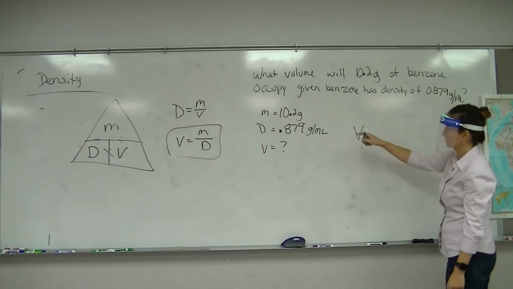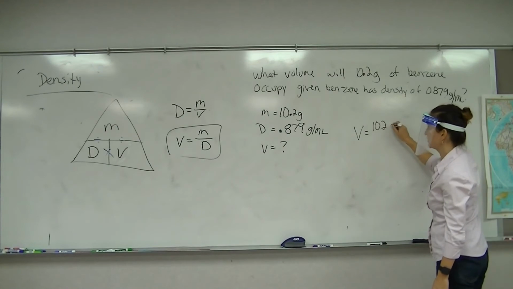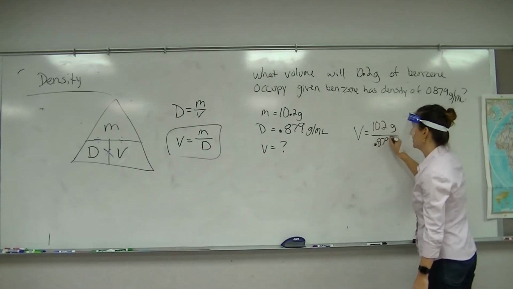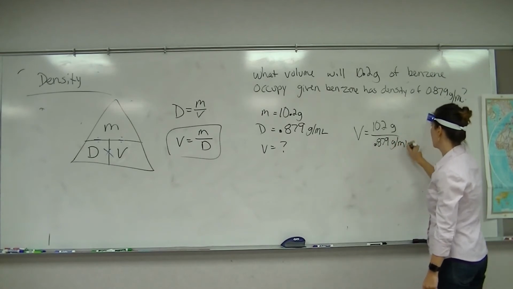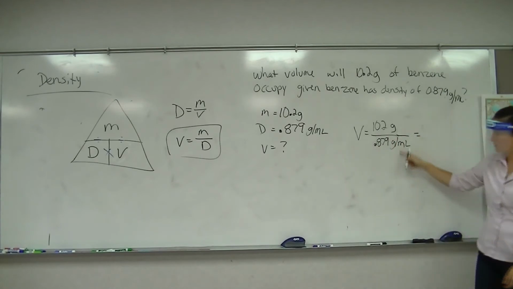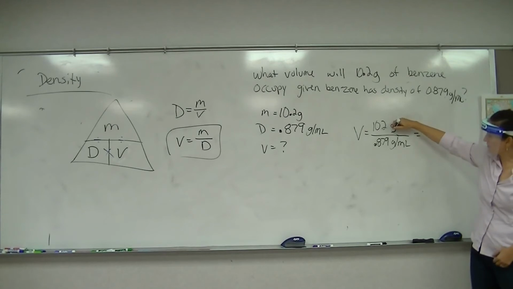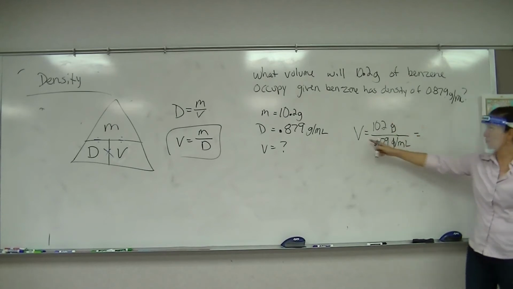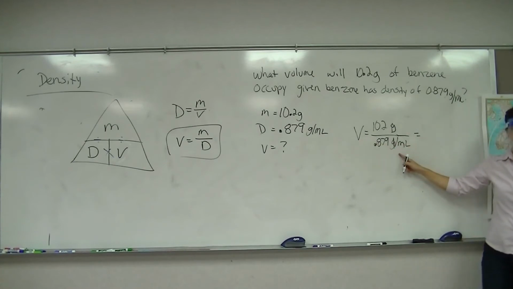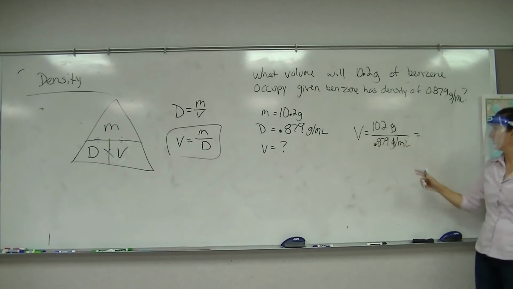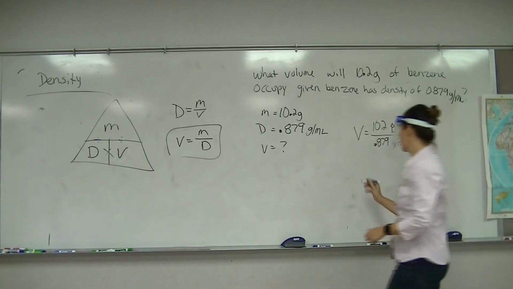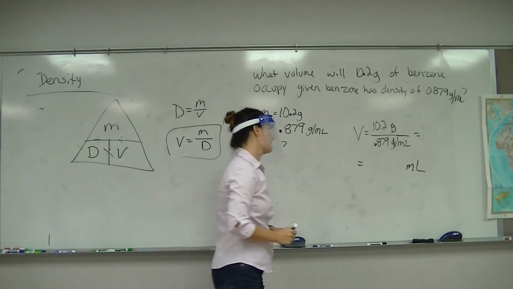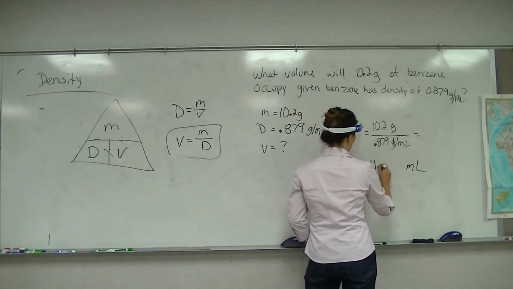Once you have it, simply put in the numbers. You have 10.2 grams, the mass, on top, and 0.879 grams per mil, the density, on bottom. Notice, if you put your units in here, grams are on opposite sides of that horizontal line, so they cancel. That's good because we're solving for volume and the only unit left is milliliters, which is what we want. So when we divide those, what do we get for the answer? 11.6.